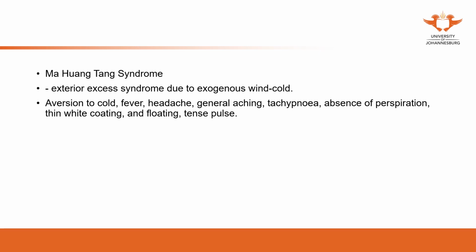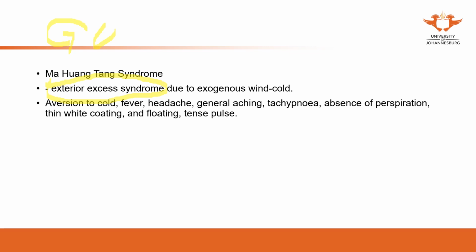This is a group of symptoms that presents as exterior excess syndrome. This is very different from 桂枝汤, the next formula we are going to introduce. 桂枝汤 is for exterior deficiency syndrome. That's why I said qi deficiency in the superficial level. So mahwangtang is used for exterior excess syndrome.